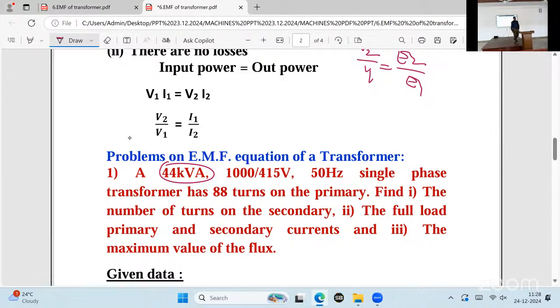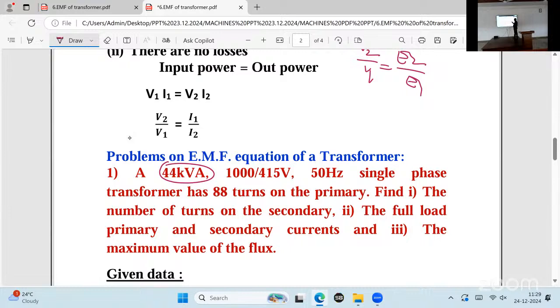A transformer is always rated in volt ampere, VA. 1000 by 415 volts.